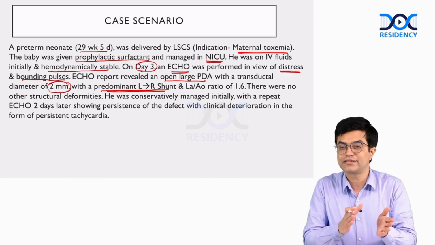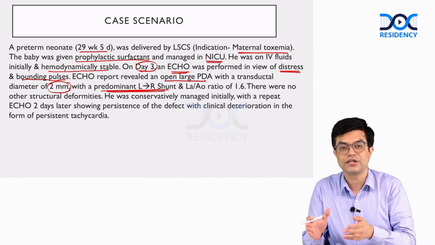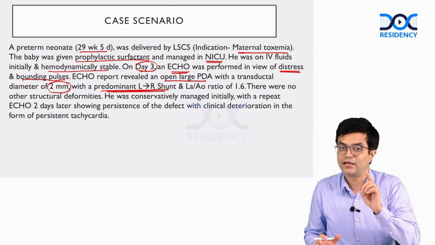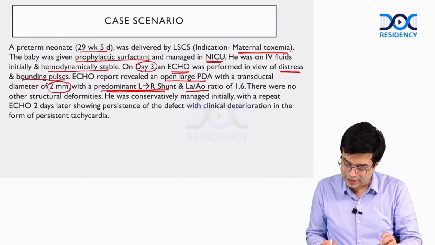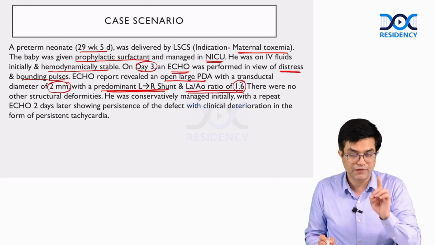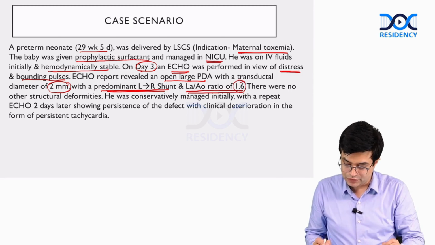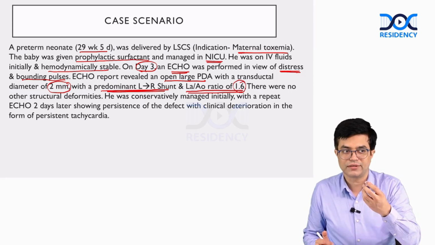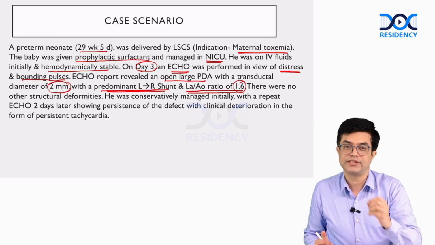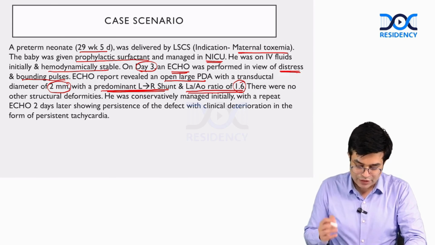But in case there is a significant pulsatile left to right shunt, that will indicate a likely significant PDA. And LA to AO ratio was found to be 1.6. We will talk about it in some time. This is how the report will come to you when you are reading a file in a case scenario. And there were no other structural deformities.